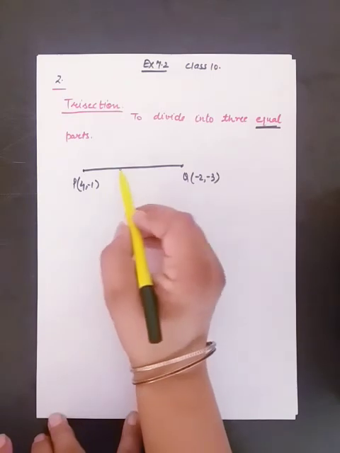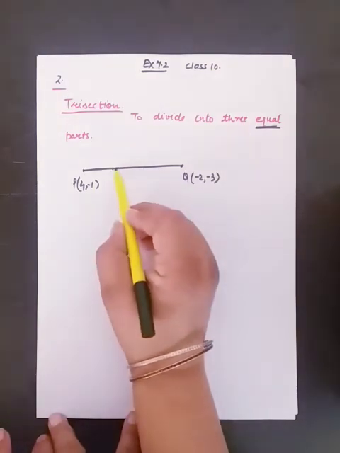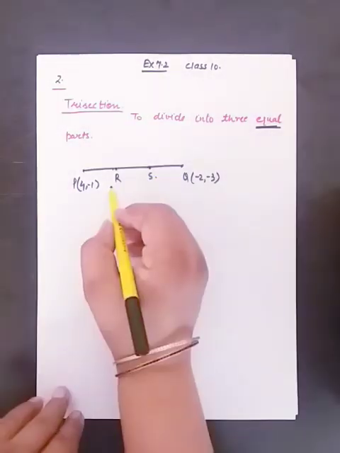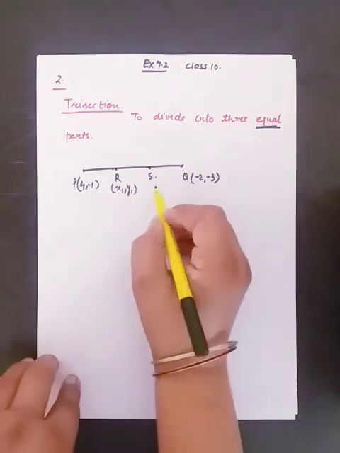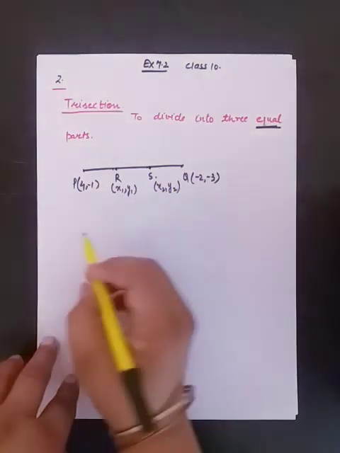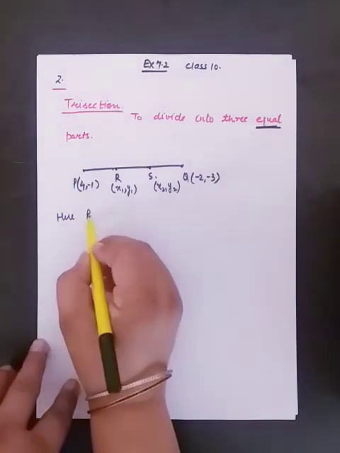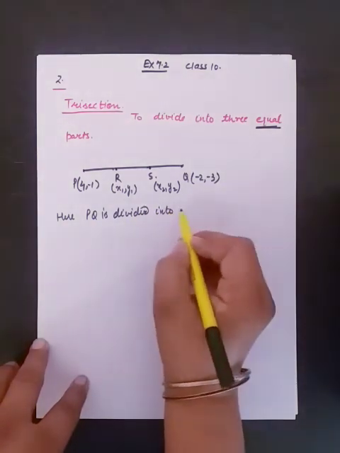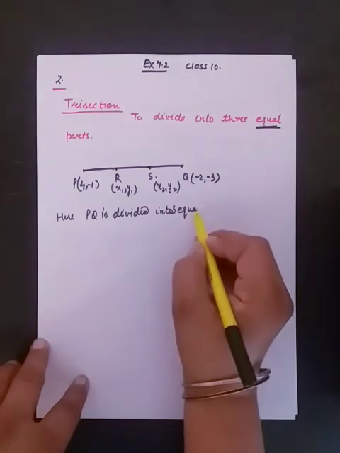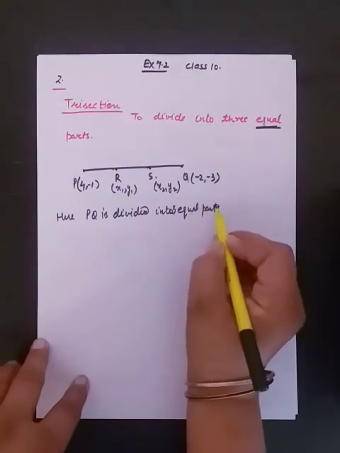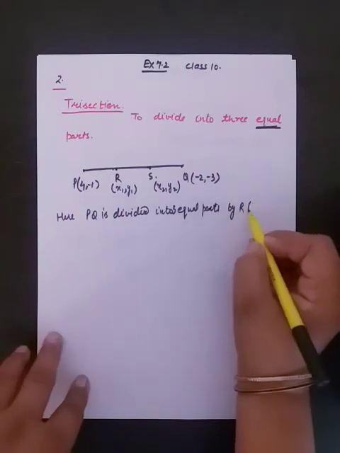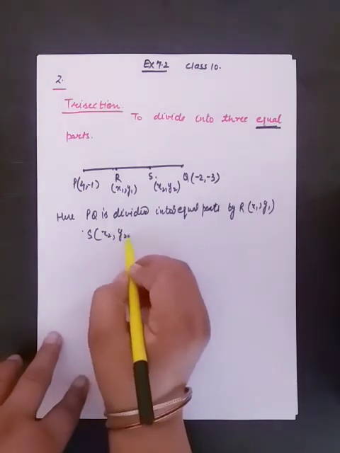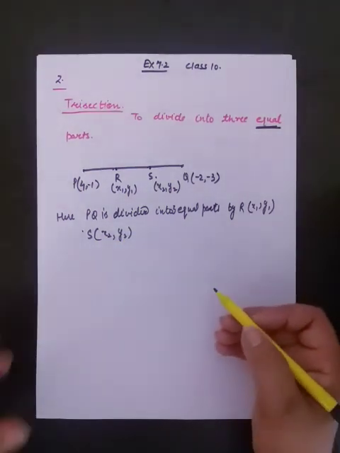So we can say that PQ is divided into three equal parts by points R and S, with coordinates of R (x1, y1) and coordinates of S (x2, y2). We have to find the coordinates of these points.